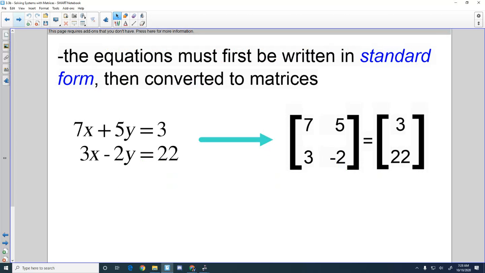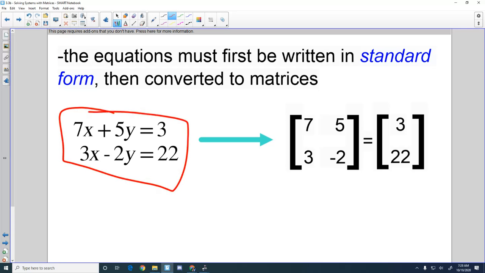So first off, just like in Cramer's rule, we want the equations to be written in standard form. As a refresher, standard form is what we've got over here on the left: you've got x's and then y's equals the constants. Once you've got that set up, you're basically going to convert the numbers into two different matrices.